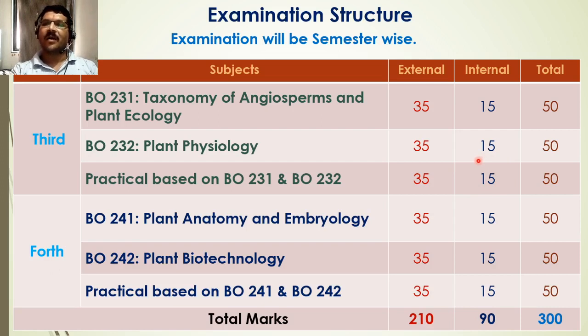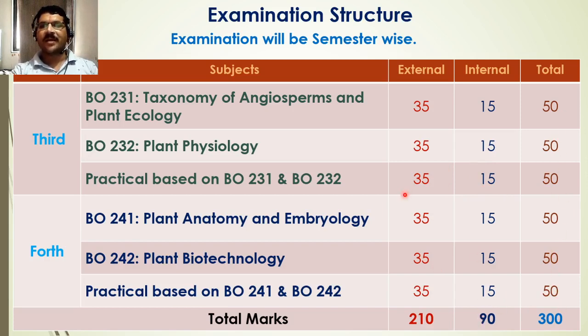If in future we can manage a trip, then we will consider marks for the trip. All these marks will be considered for practical internal. In this way your assessment will be done, and each paper has a total of 50 marks.